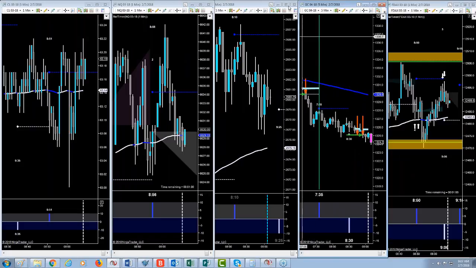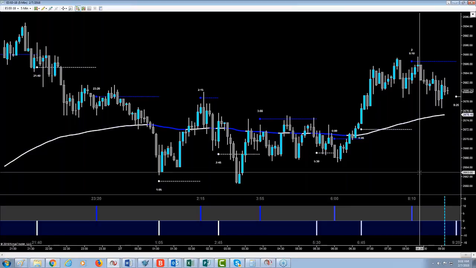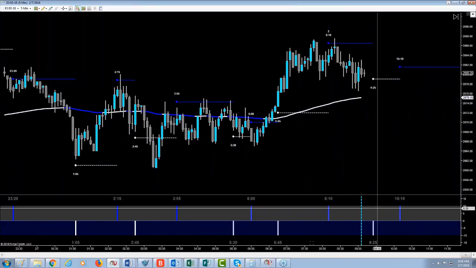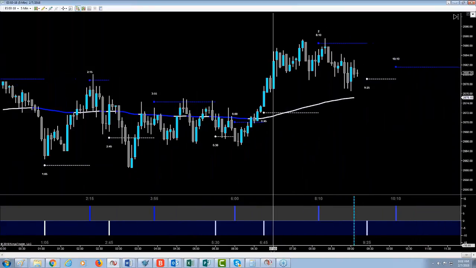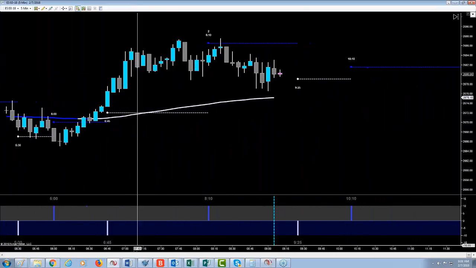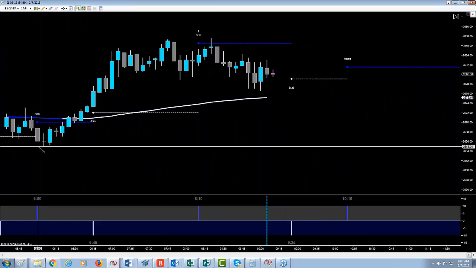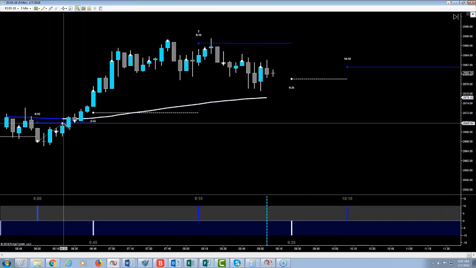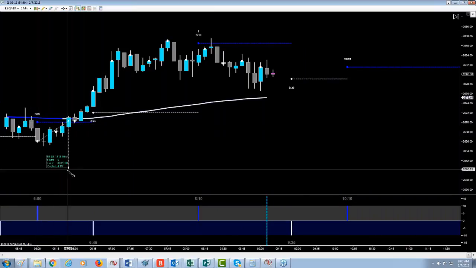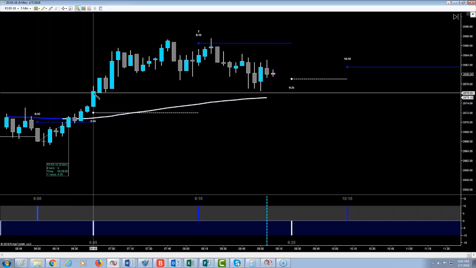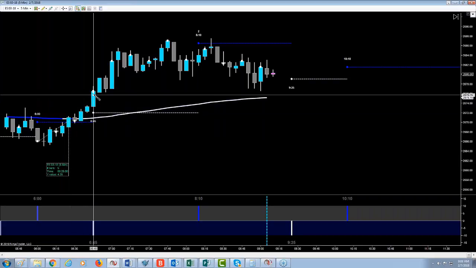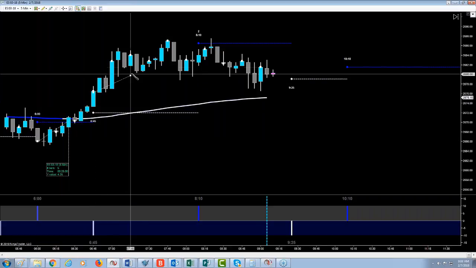So in the case of the ES this morning, we had a stop out right here. You would have entered short at 6 o'clock and been taken out at a trend continuation signal. At 6:45, we had a trend continuation signal in this direction.